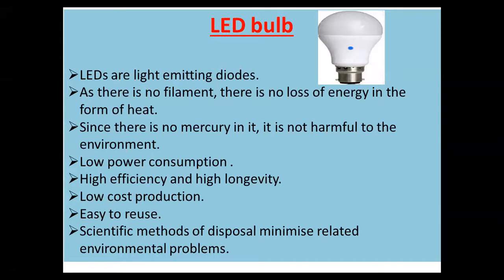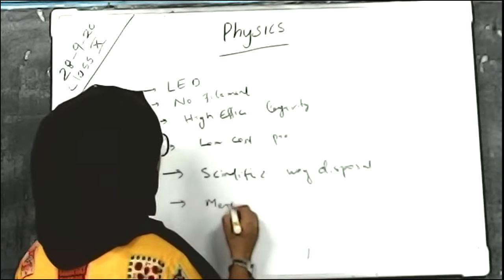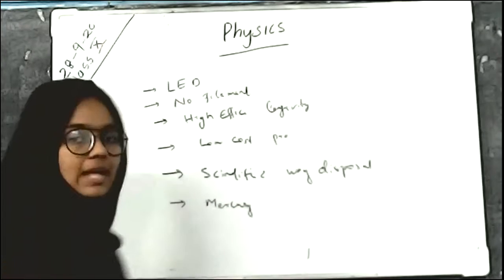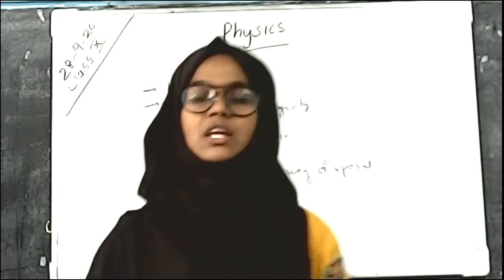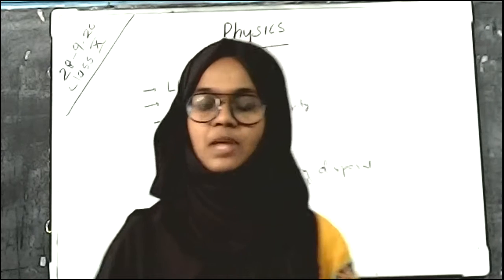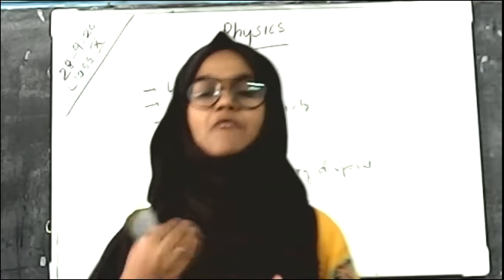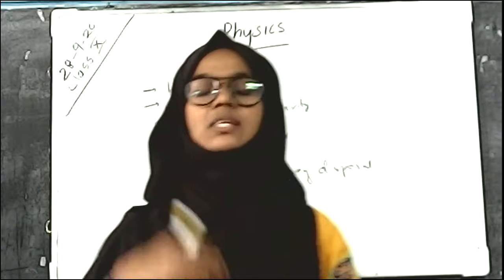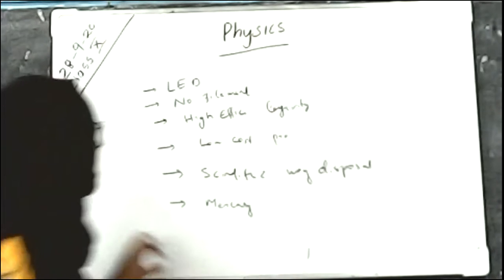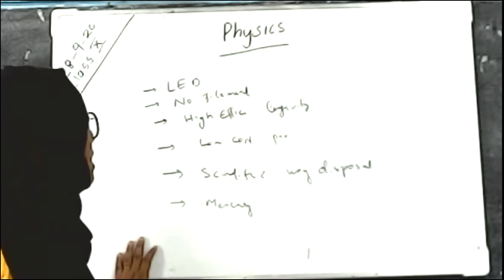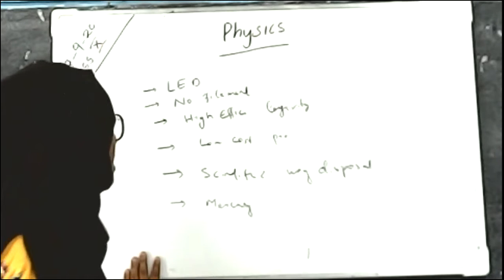So first we discussed the main advantages of LED bulbs. LED bulbs are very effective and more efficient compared to incandescent lamps and other discharge lamps. They have very low cost production, are easy to reuse, have high efficiency and longevity, and have no filament.